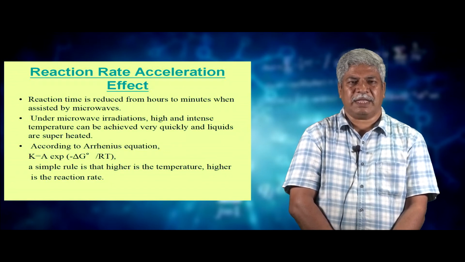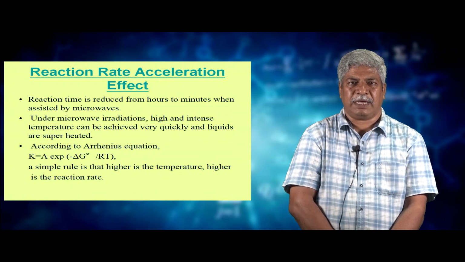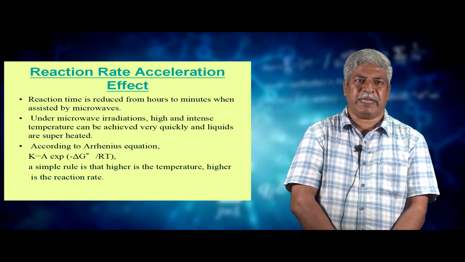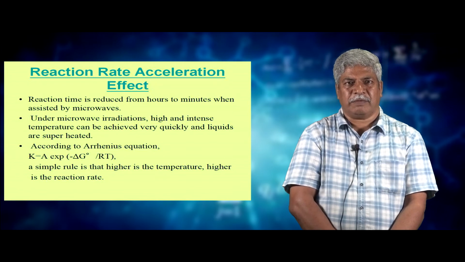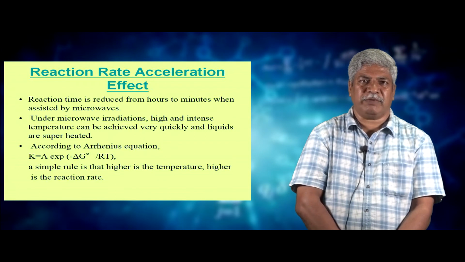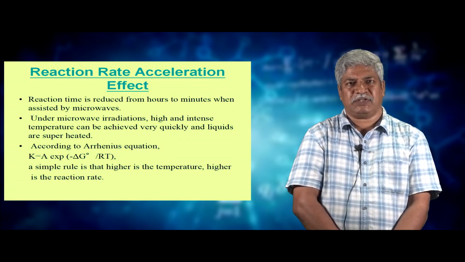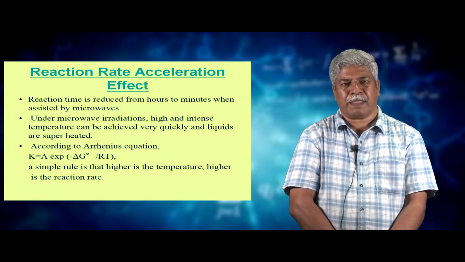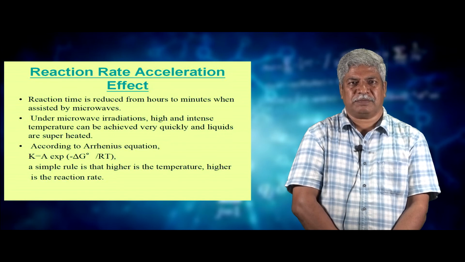So let us take the Arrhenius equation, k = A exp(-ΔG°/RT), where k is the rate constant, A is the collision frequency or Arrhenius factor, ΔG is the change in free energy, R is the gas constant, and T is the temperature.